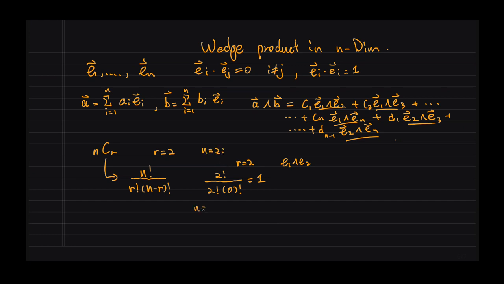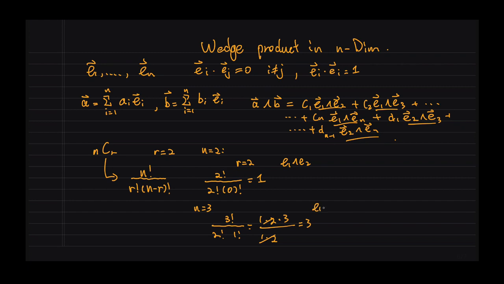If we have n equal to 3, then we have 3 factorial over 2 factorial and 1 factorial, because 3 minus 2 is equal to 1. This is 1 multiply 2 multiply 3 over 1 multiply 2, and that is just 3.